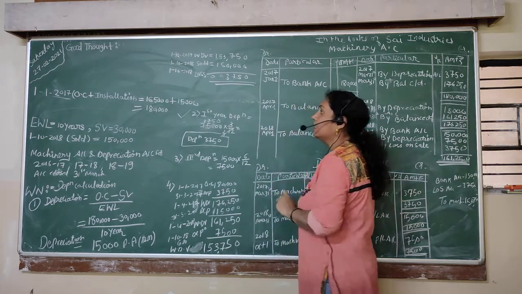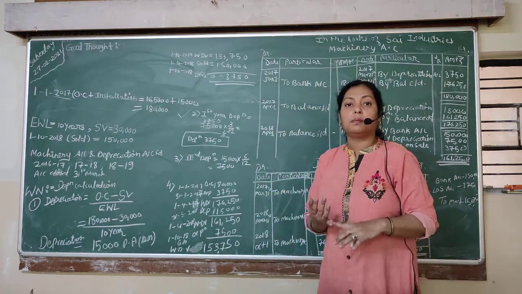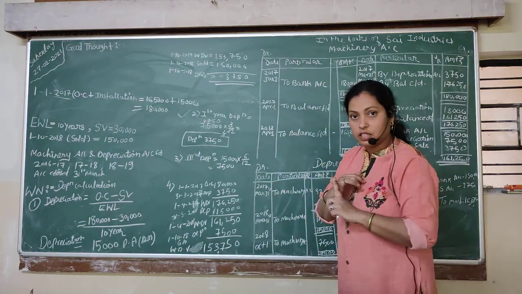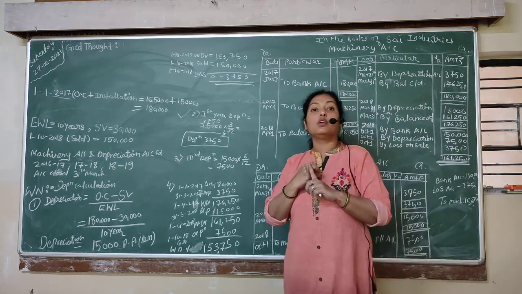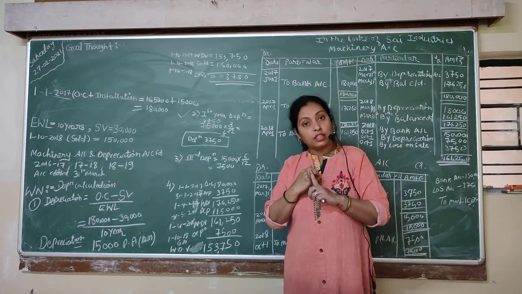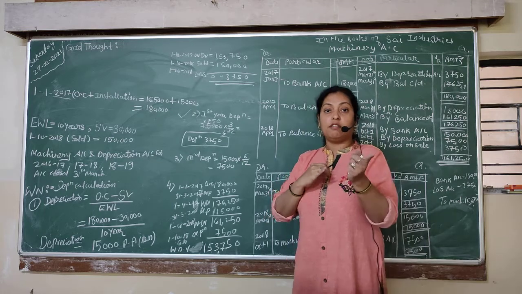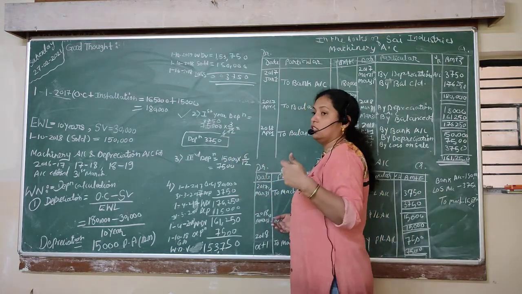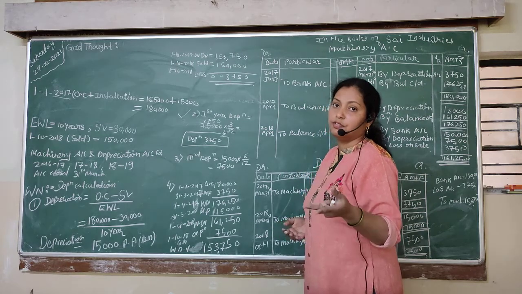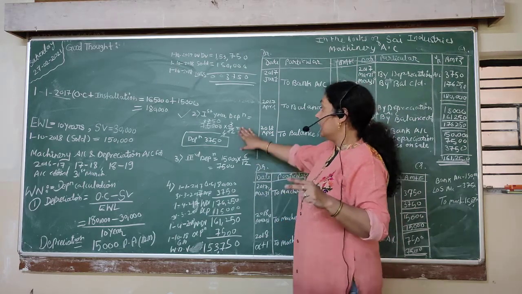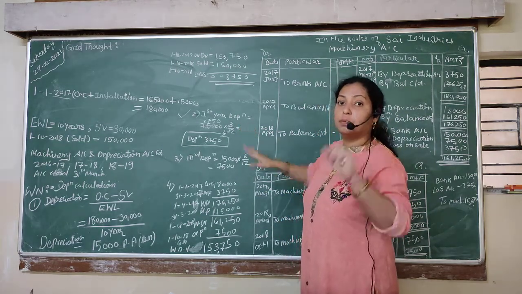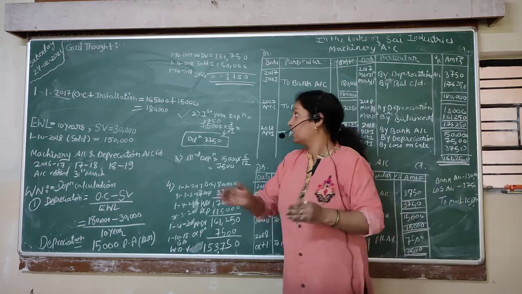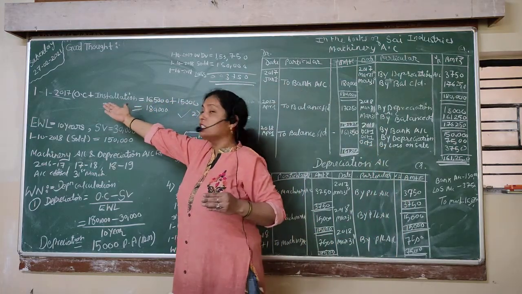Why is it written? Because the machinery was purchased on 1st Jan 2017 and the year will be closed on 31st March 2017. So January to March is a 3 month period. First January, February and 31st March. So 3 months. In the first year only 3 months of depreciation will be charged, because the purchase date is January.